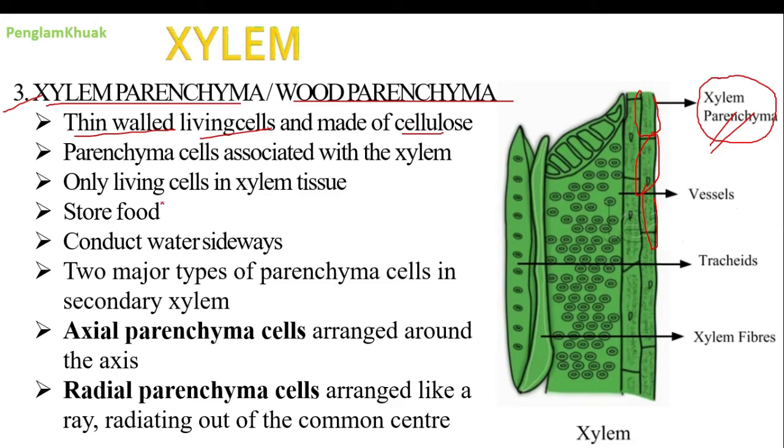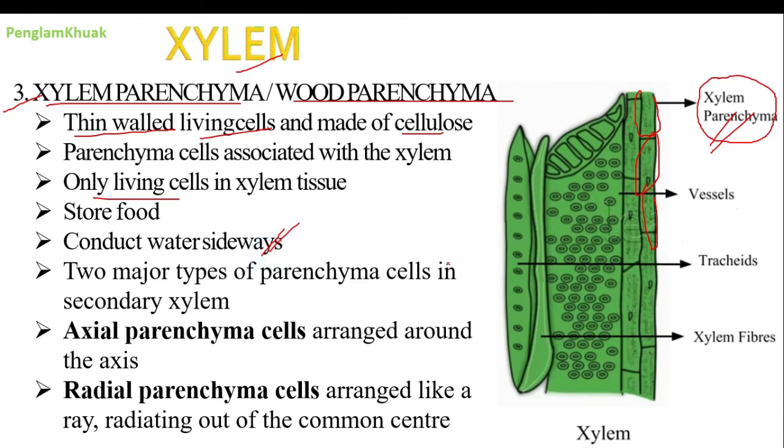The xylem associated with parenchyma cells is called xylem parenchyma, and they are the only living cells present in xylem. The vessels, tracheids and xylem fibers are all dead cells. Since they are alive, they store food prepared in the leaf and send it to different parts of the plant or stem, and they conduct water sideways.